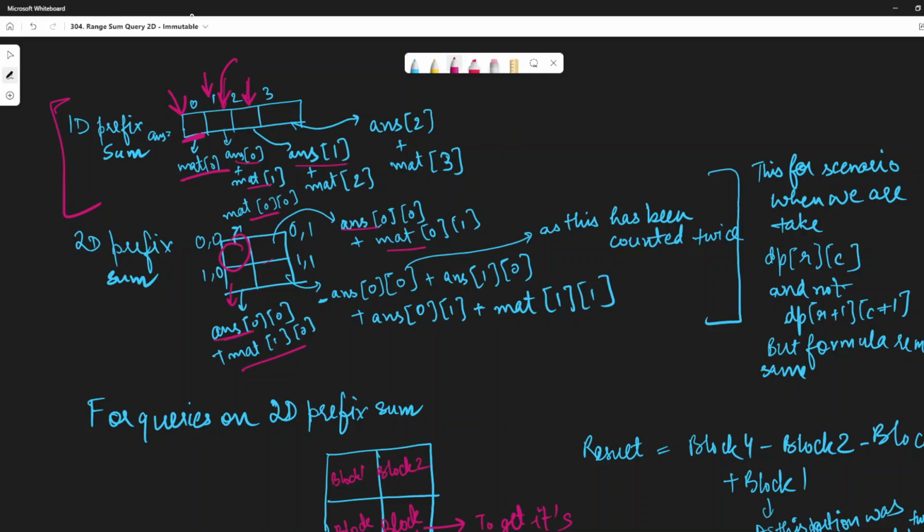And now for this particular block which is at the diagonal, here we are required with subtracting this answer of 0, 0, basically this particular portion, because see, if we want to calculate for this particular block, we would be requiring this, this and this, right? Here at this particular block we would be having this one also.